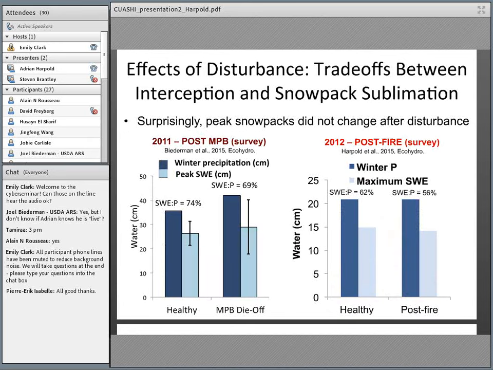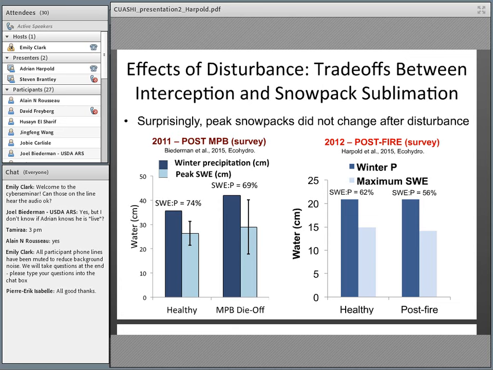But two studies that we did suggest otherwise, somewhat surprisingly. On the right-hand panel is a study we did in northern New Mexico comparing a healthy and a post-fire site. What I'm showing is the amount of water that came in as precipitation and that remained as maximum snow water equivalent, with the ratio of the two as SWE to P. You can see that the ratio of SWE to P remained around 60 percent in the post-fire stand, despite observations that there was reduced interception.